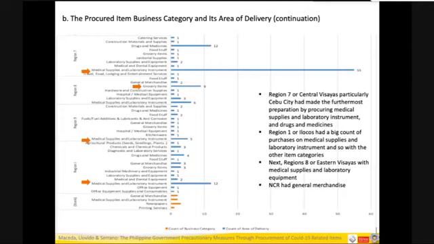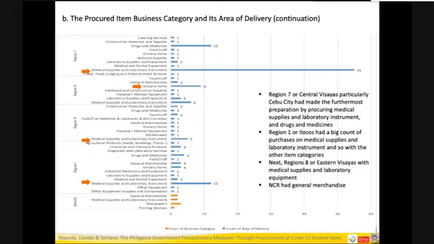For Region 7, the same thing, but Region 8, it's more on grocery items because as per purpose written there, even during the first quarter of the year, there were displaced family and individuals. And then Region 9, 1, and then others, are basically more on medical supplies and laboratories instrument.